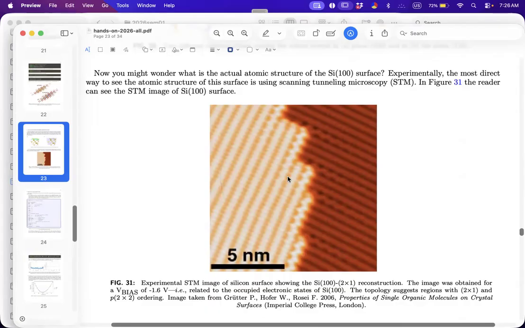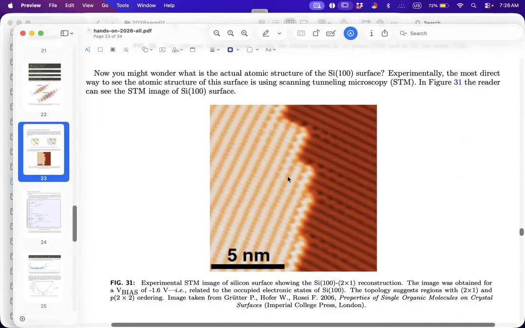Depending, if you have a negative bias, negative voltage, electrons will go from the occupied states here to the tip. Negative bias. So it means that the tip is going to observe the occupied states of this material. Well, with positive bias, we do the opposite.